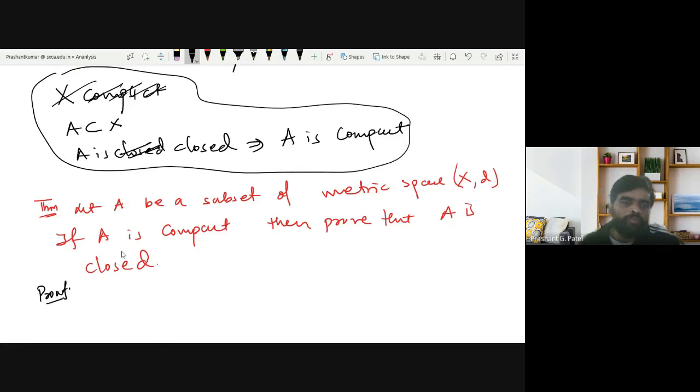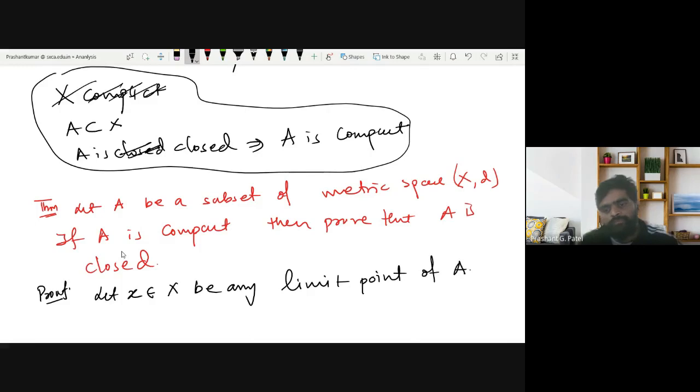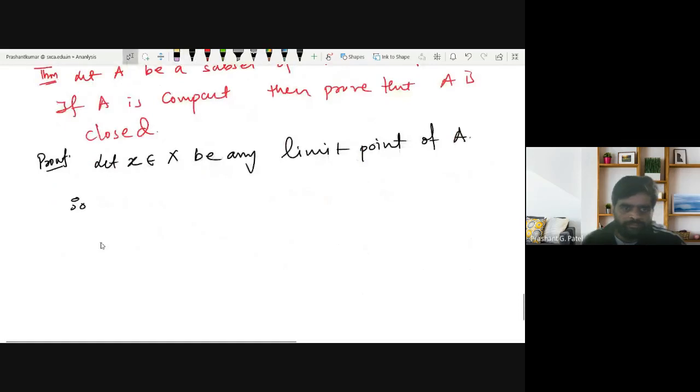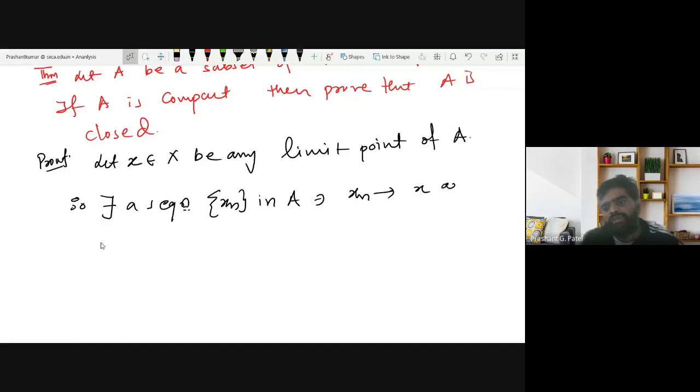Here I want to prove that A is closed. So I have to prove that every limit point of this set A is in this set. So let us consider x, this x which is in X, be any limit point of A. Since it is a limit point, there exists a sequence xn in A such that xn converges to x as n tends to infinity.